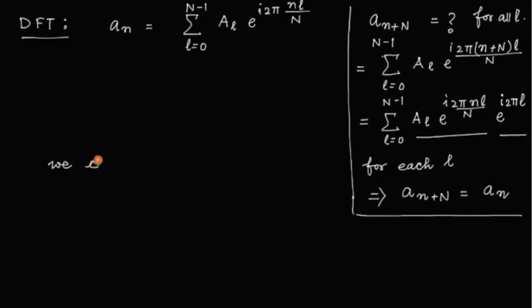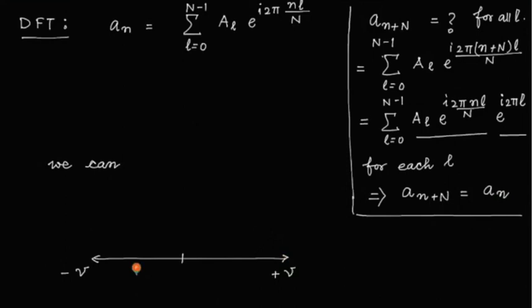Because it has a period of N, I can do a shift in the function, right? So what has happened is I had an infinite k-axis, or nu axis, and both ways it can go up to plus or minus infinity.